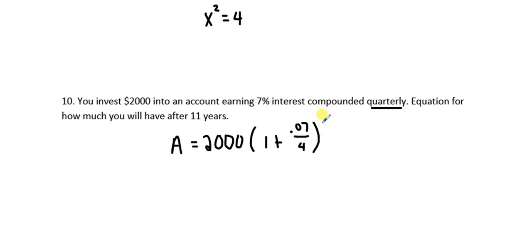And then you have to multiply 4 by however many years, so 4 times 11. And on your calculator, just raise it to the 44th power. Don't do 4 times 11. If you do 4 times 11, make sure you put it in parentheses. And that comes out to be $4,290.